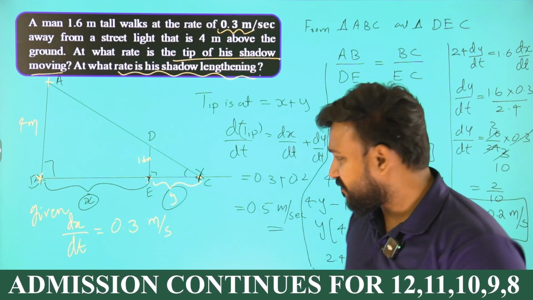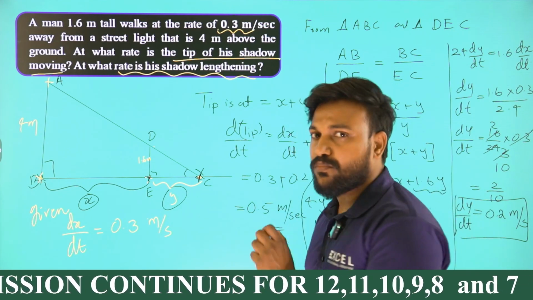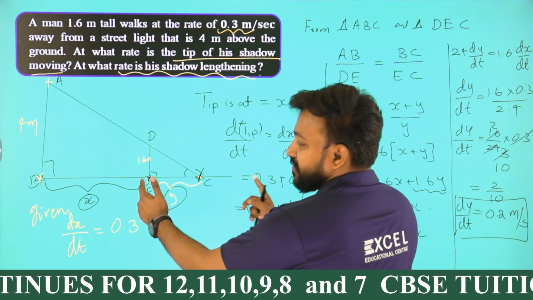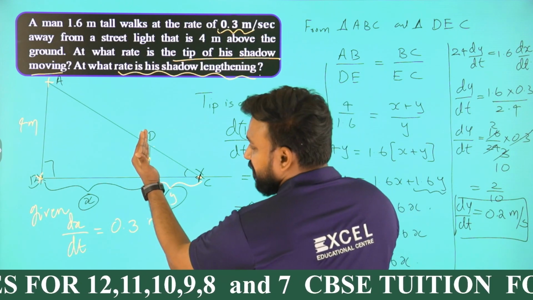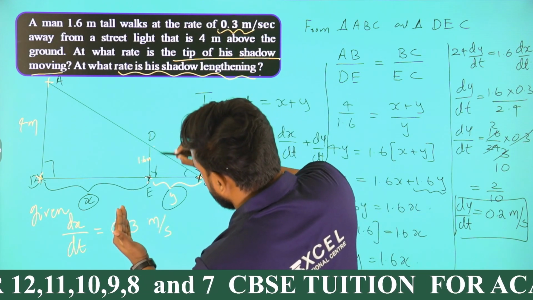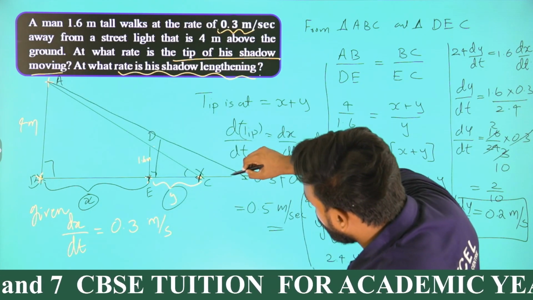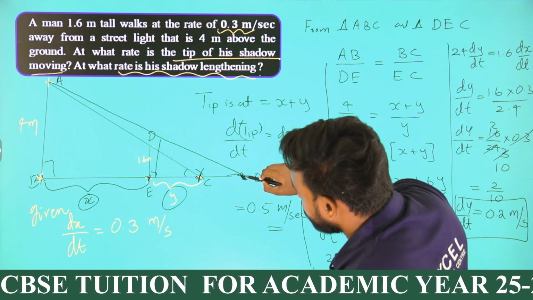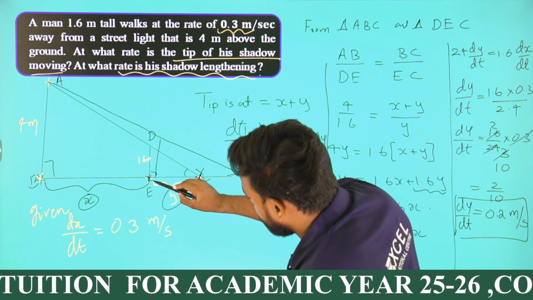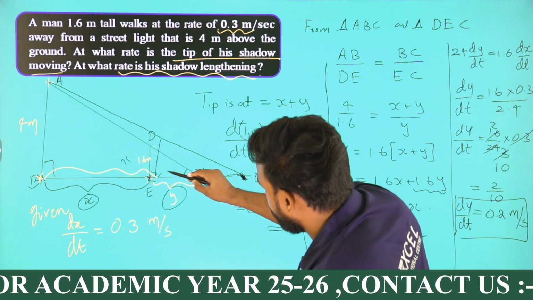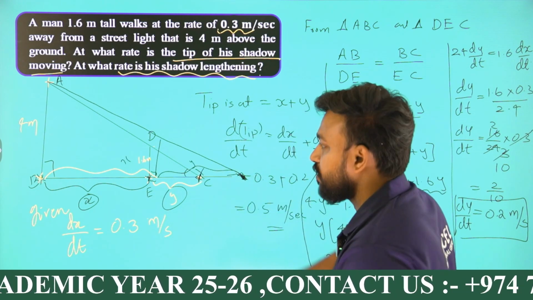So you may get the confusion: both are the same, sir? No, both are not the same. dy by dt means only the length is changing, but when he moves, suppose he is here and the tip of the shadow is here, this length is not counted. This is considered as total x here, and from here to here we consider it as y.